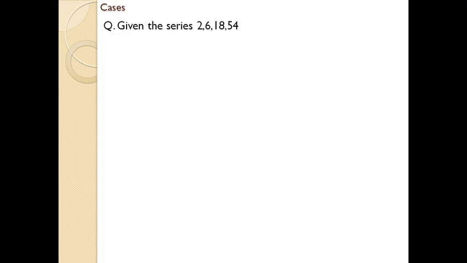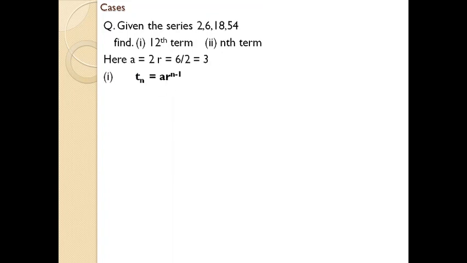Given the series 2, 6, 18, 54, just extract the known values. A equals 2. There are two parts in the question: you need to find the 12th term and the nth term. For finding the 12th term, you know T n equals A R raised to n minus 1.